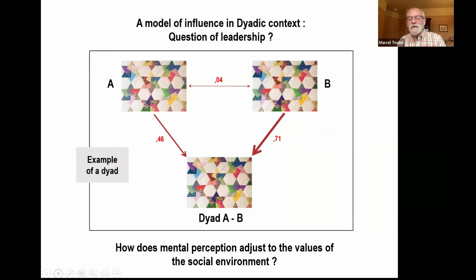I came back to my patchwork. And I don't know how you react to this image. I look at two individuals, A and B, and they fill out the Q-sort in a dyadic context. Then, for many dyads, I just look at the correlation between each individual and the dyadic sort, to see which one has much more influence on the dyadic preference.